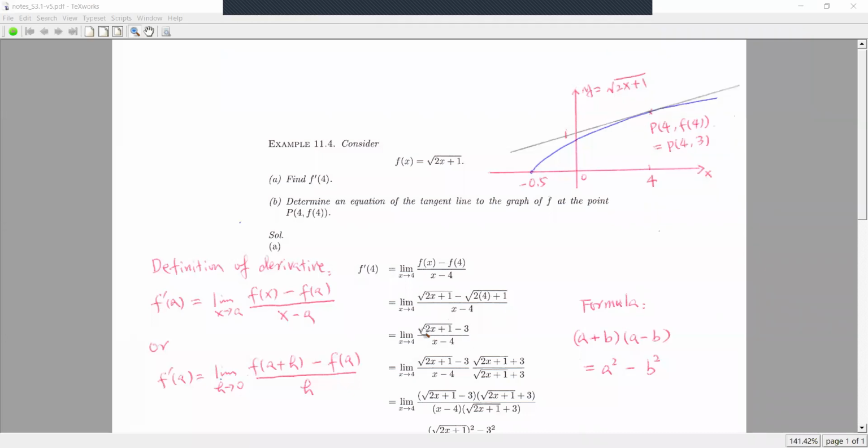Because the function contains a square root, I want to use the algebraic conjugate to simplify the function. That is, I want to use this formula to simplify the function. I want to use the square here to cancel the square root. Now, consider the numerator as a minus b. Multiply the numerator by a plus b. Then multiply the denominator by the same thing, a plus b.